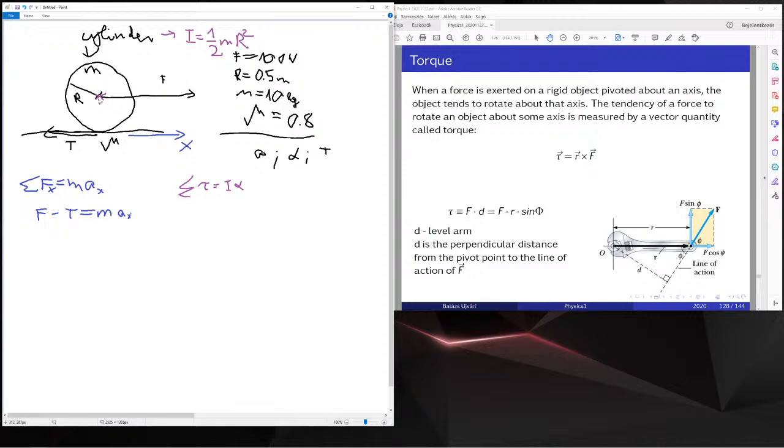What is the lever arm for the T? So what is the distance between T and the origin? This is fortunately R. So the rotation: T times R equals 1 over 2 mr square times alpha.